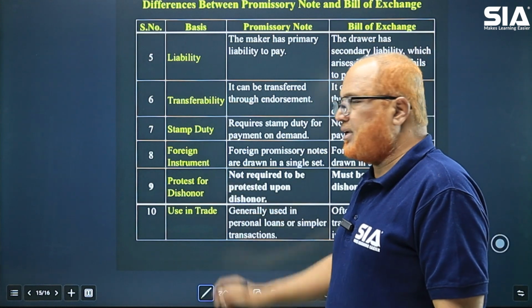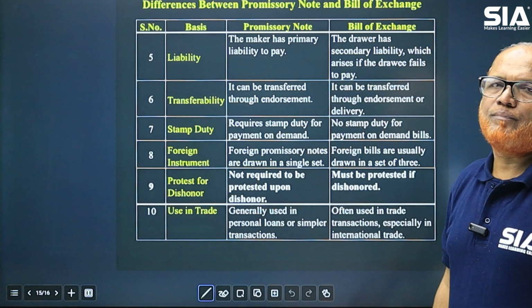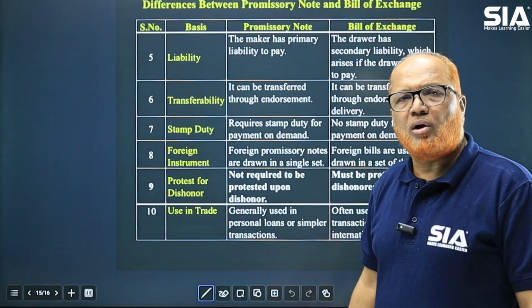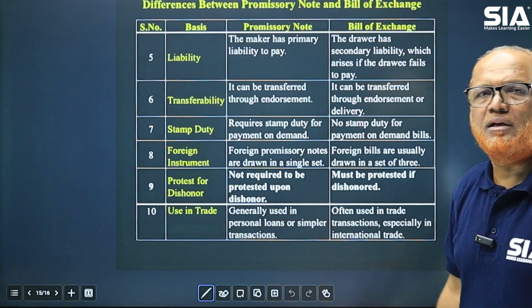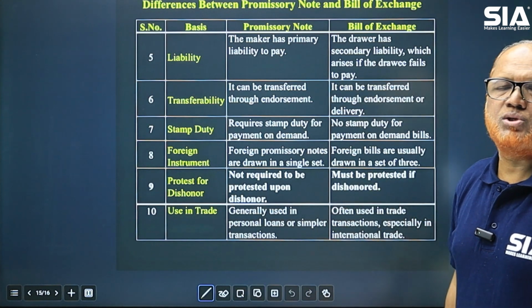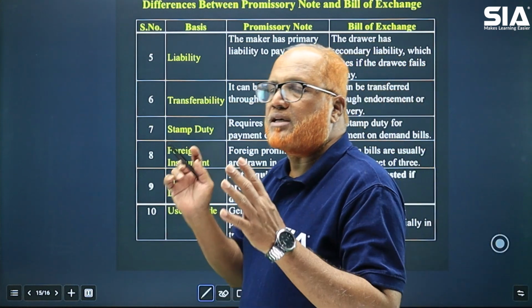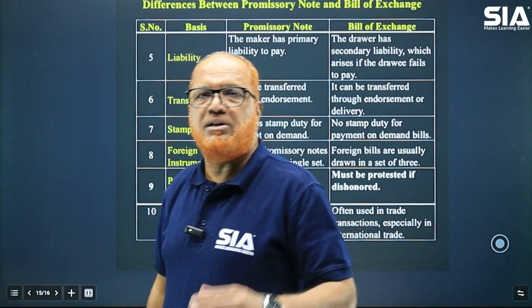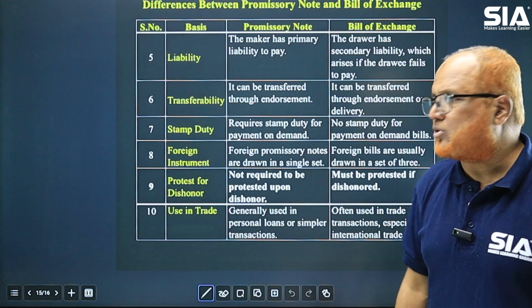Next, protest for dishonor. A promissory note is not required to be protested upon dishonor. That means protesting is not required, and a notary public is not required. But a bill of exchange must be protested on dishonor. So whenever a bill of exchange is dishonored, it has to be protested. Protested means we have to give the bill to the notary public, who will record the reason for dishonor.